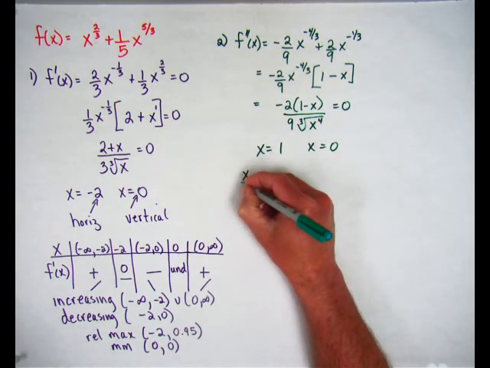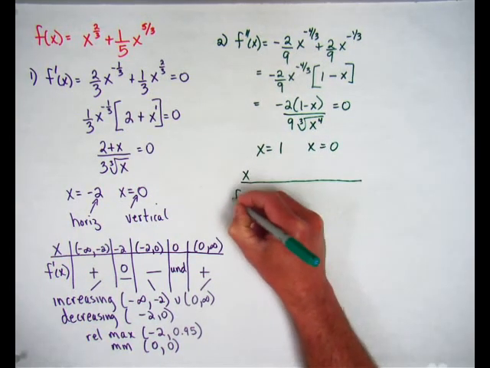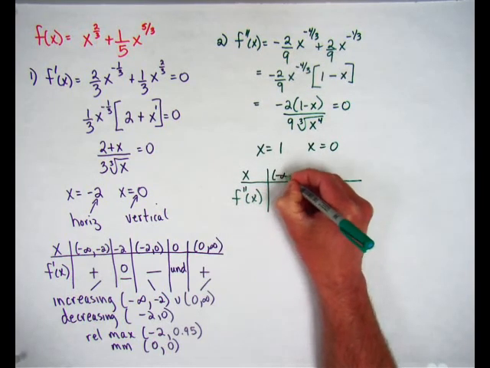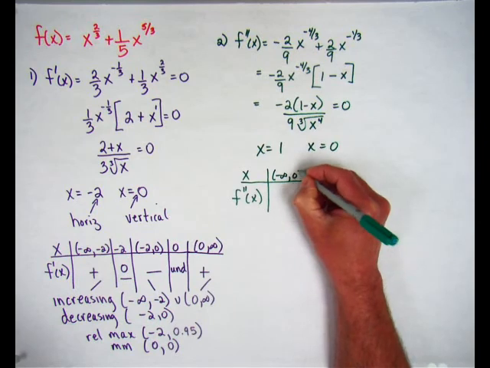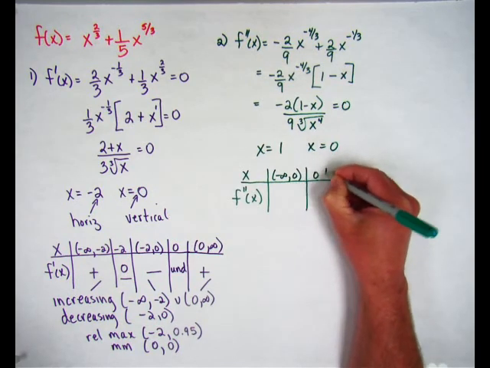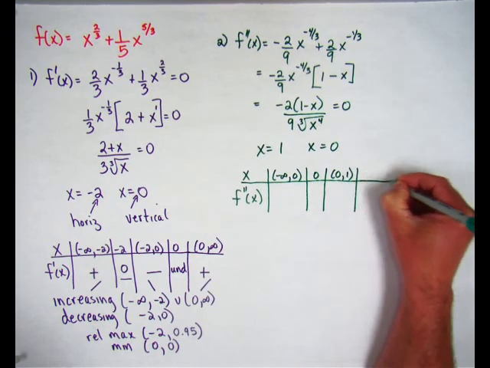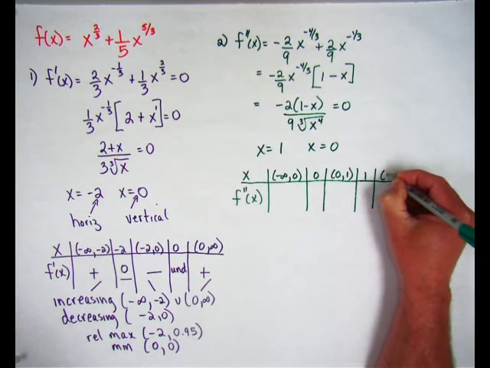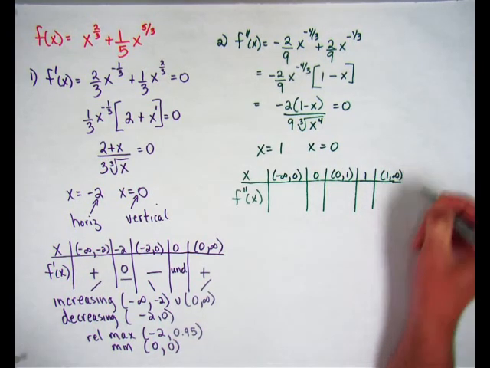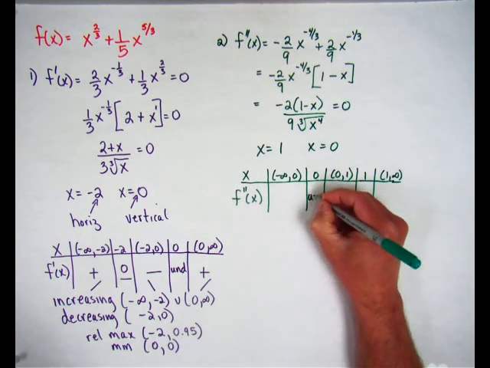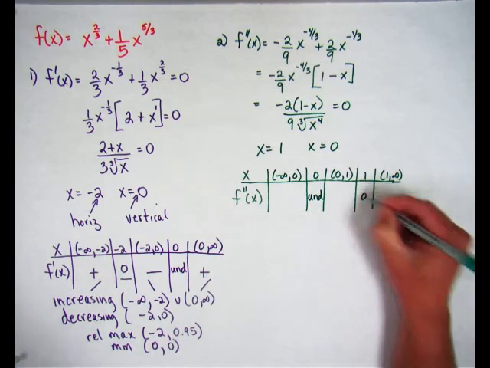So now we do our concavity test. It's going to be negative infinity to 0, 0 to 1, and 1 to infinity. This will be undefined, and this will be 0.